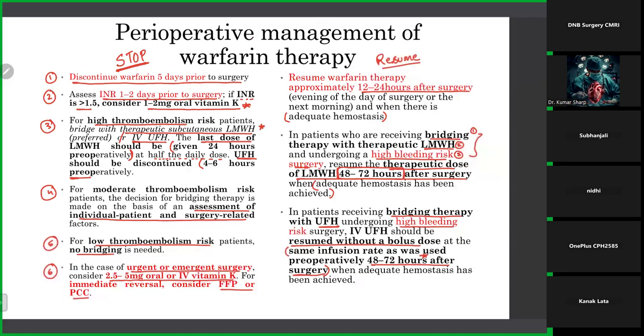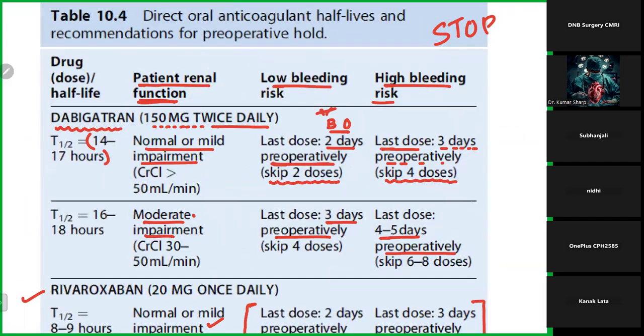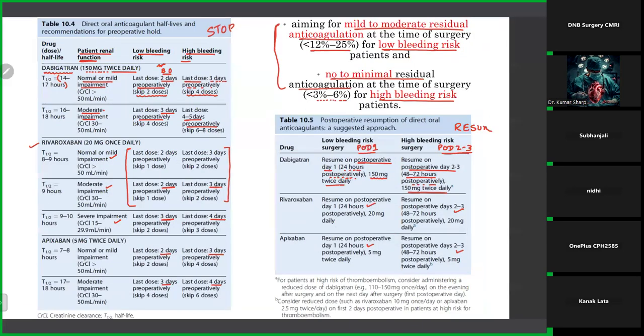Sir, for direct anticoagulant therapy, we are stopping the drug just a day before. But considering when you restart warfarin, there's a period of time that you have to give either unfractionated heparin or low molecular weight heparin till the INR comes back to normal, isn't it? So, what sort of bridging therapy do we need for restarting the dabigatran or rivaroxaban or apixaban?